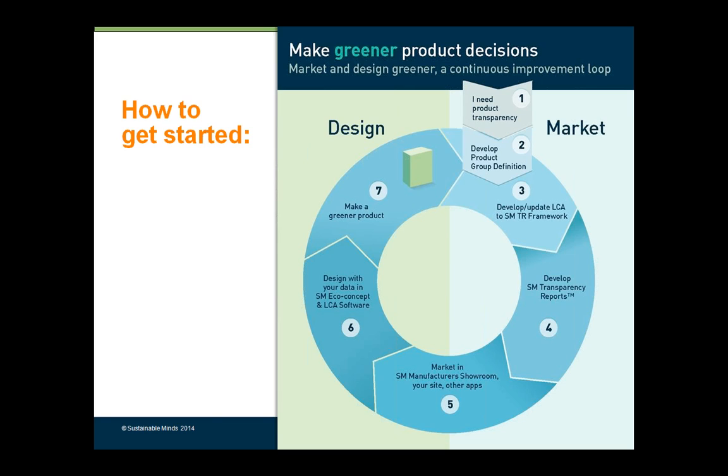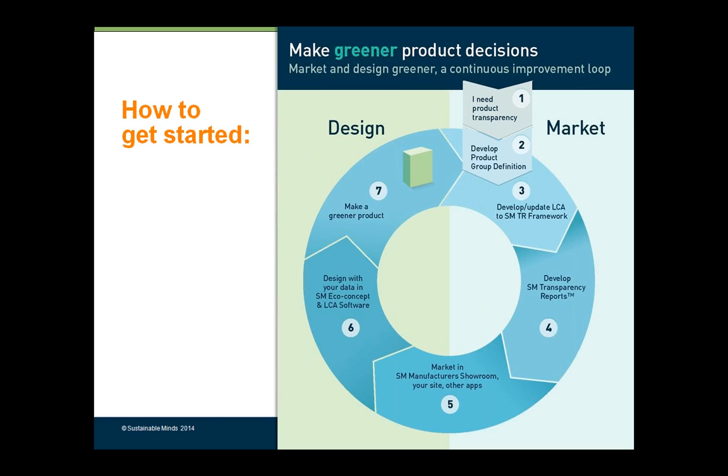So steps 1, 2, and 3 talk about how you create the PGD and set up the LCA accordingly. Then, when you do the transparency report and try to understand what in the product, in terms of materials and processes, matters the most, we know that kind of information through the transparency report and through the interpretation.